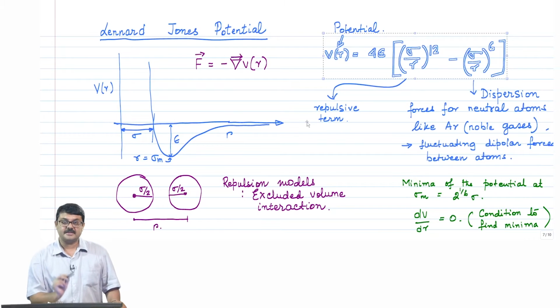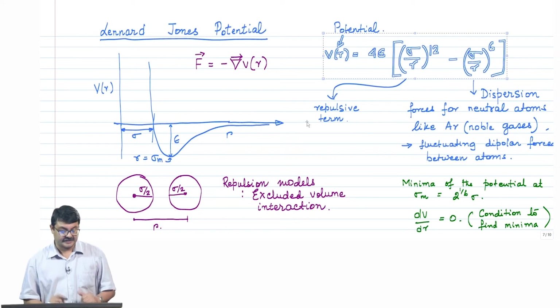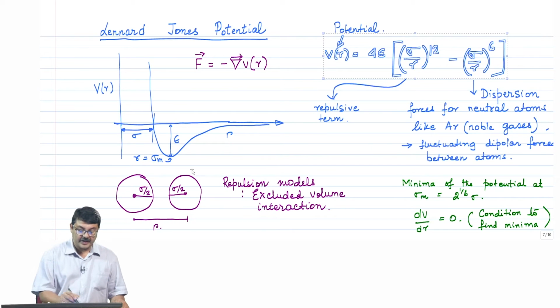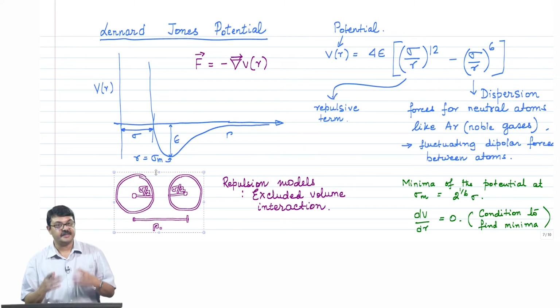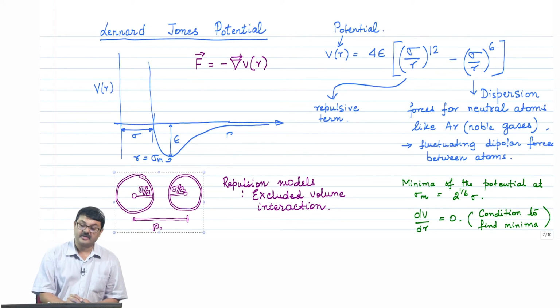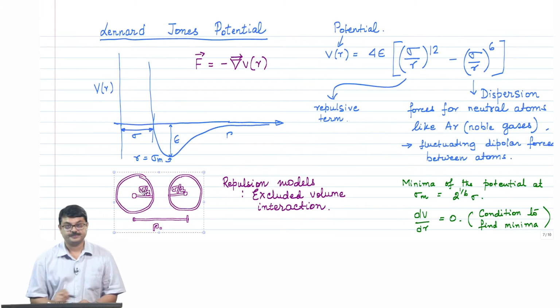So, what does this potential mean? What does it signify? Suppose that you had two particles, and you are calculating the interaction between them, and they were spherical particles of radius sigma by 2.